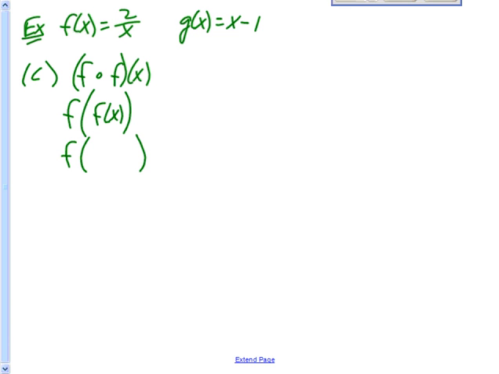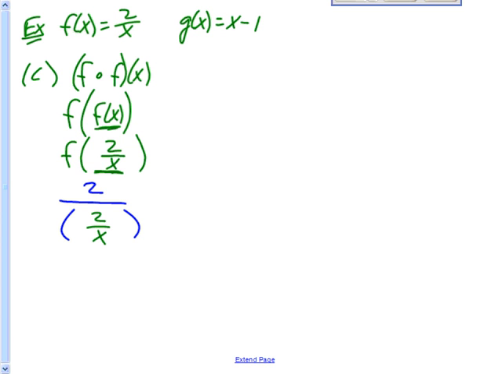We say, well, what's f of x? 2 over x, right? Now I'm inputting 2 over x into f. So I say, well, what was f? f was 2 over x, right? But what am I inputting into there? I'm inputting 2 over x into there. So that's f of f of x.